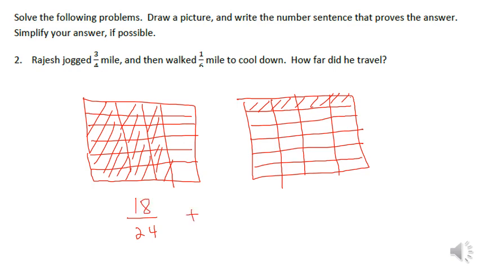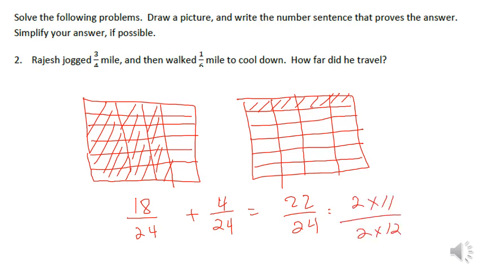Plus over here we have 4 24ths, which equals 22 24ths. Now I like to simplify them by going 2 times 11 over 2 times 12, which equals 24. Take out the commons, and I end up with 11/12.